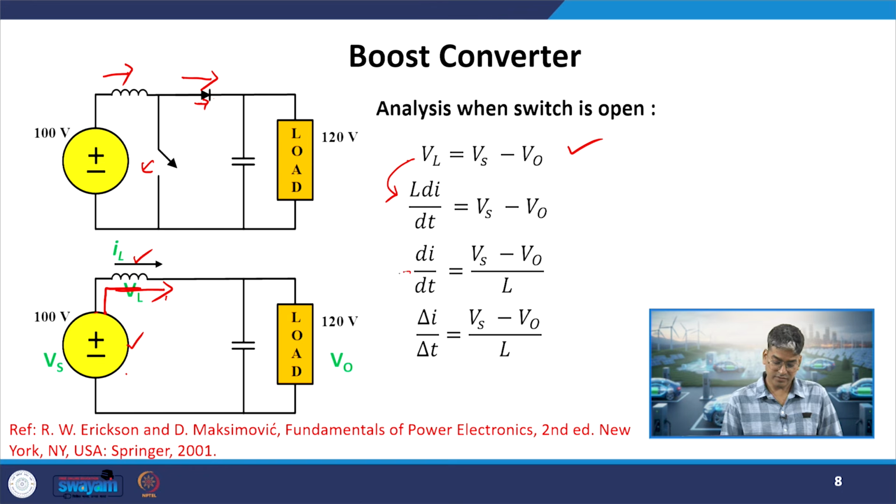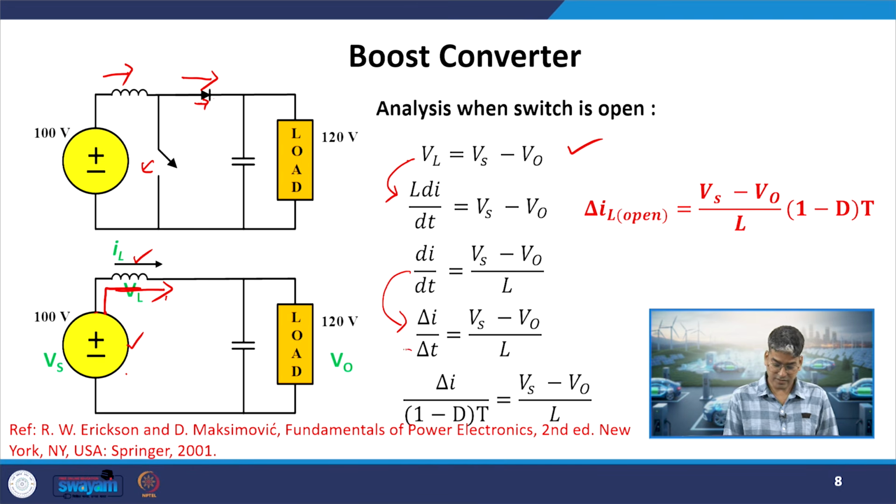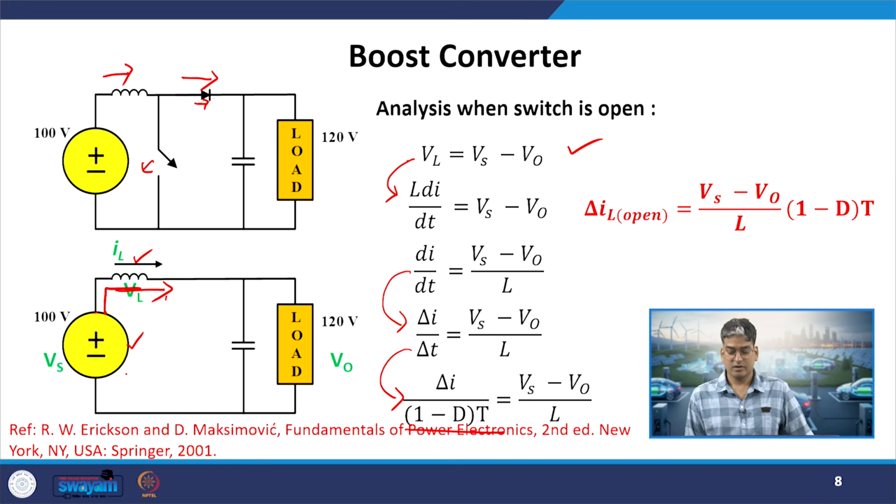Again, with the same assumption that my switching frequency is very high, I will linearize the circuit and replace di by dt by delta I by delta t. The turn off time period is equal to (1 minus D) into T, the time duration for which my switch is off, and we are assuming the continuous conduction mode, or CCM. So delta I L open will be equal to (Vs minus V0) by L into (1 minus D) into T.